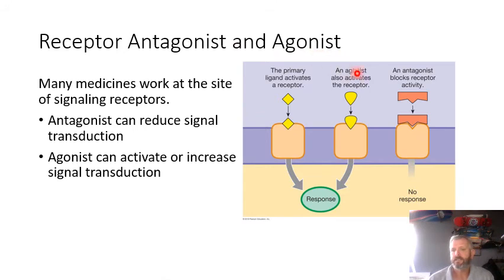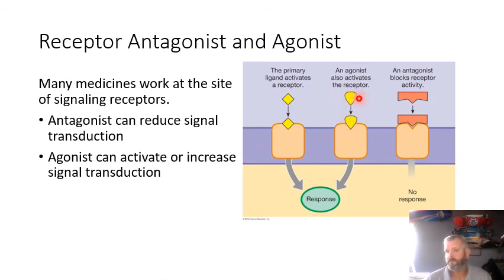An agonist is not the actual natural molecule, but we could take a medicine with a molecule that will bind and activate a receptor and get a similar response.